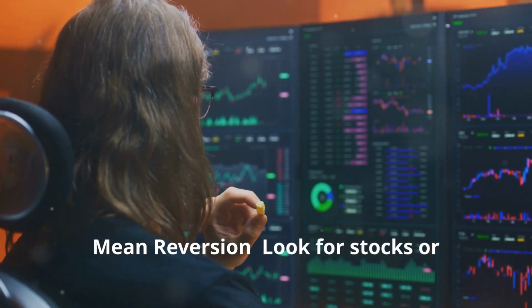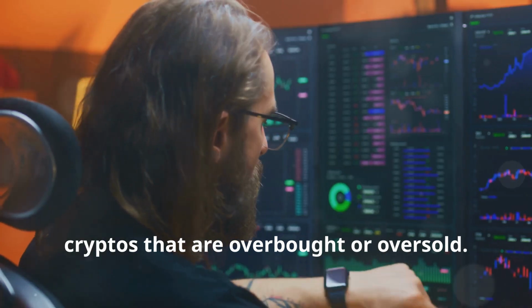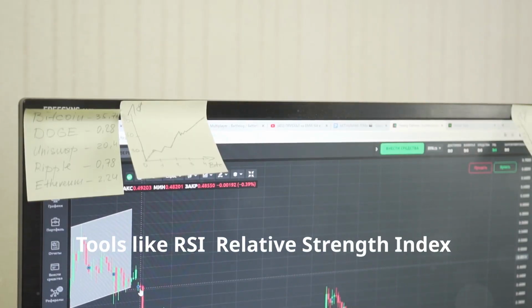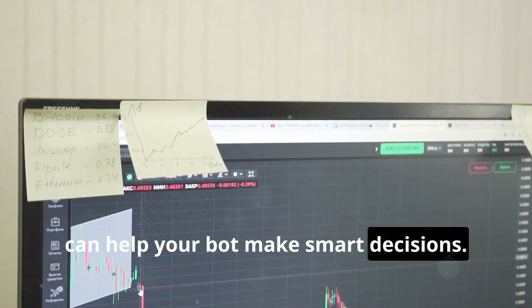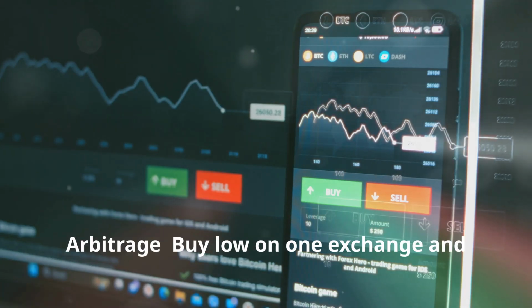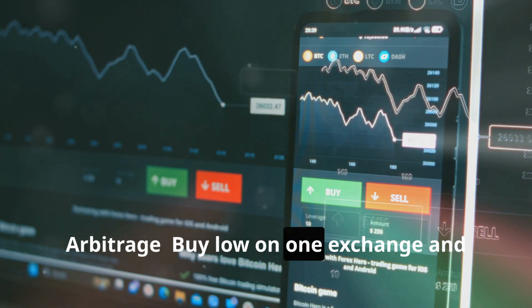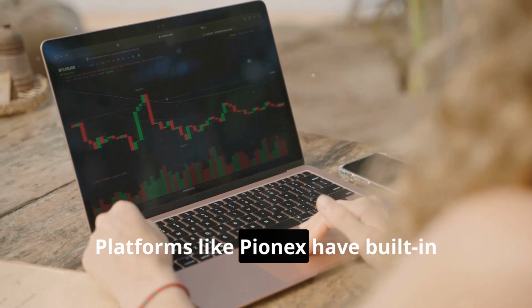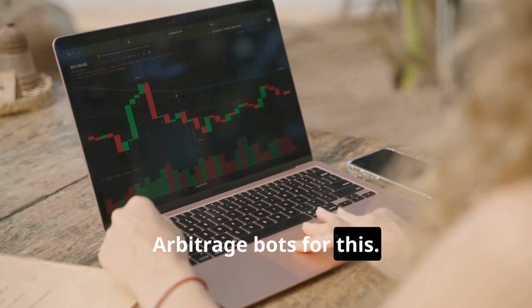Mean reversion. Look for stocks or cryptos that are overbought or oversold. Tools like RSI, Relative Strength Index, can help your bot make smart decisions. Arbitrage. Buy low on one exchange and sell high on another. Platforms like Pionex have built-in arbitrage bots for this.